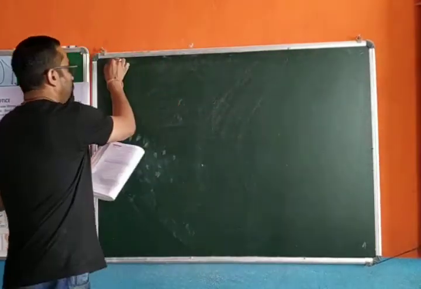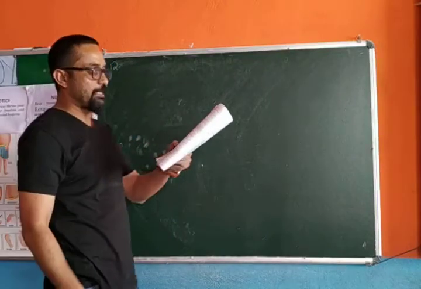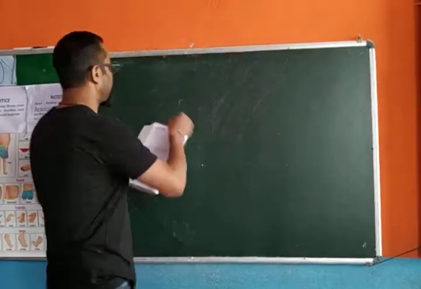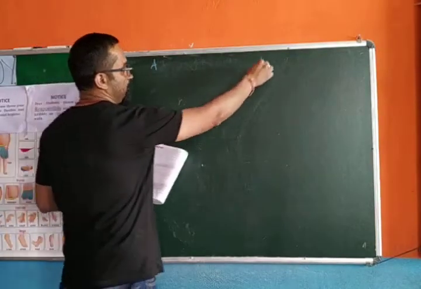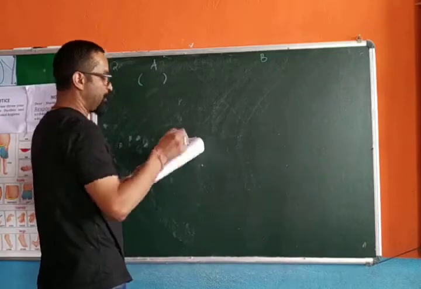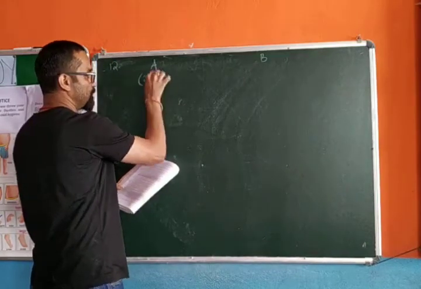Okay, let's do number 12 first. Question number 12 tells you that P divides the line segment joining A, B in the ratio. Find the coordinate of point B. We write down the coordinate of A. It is 2, minus 2.